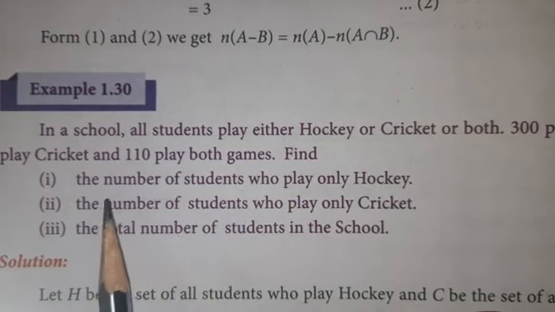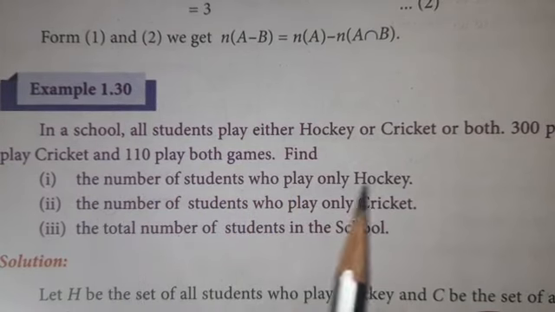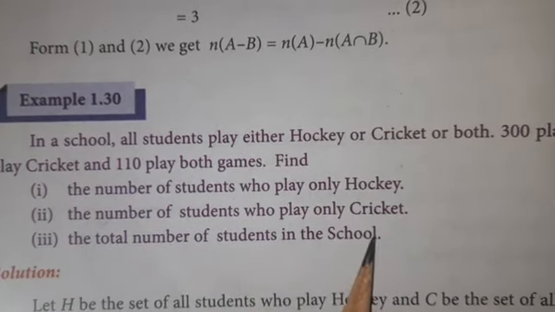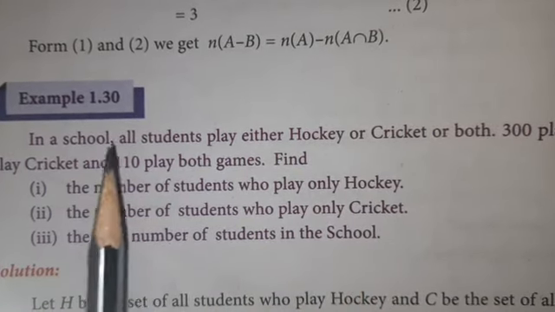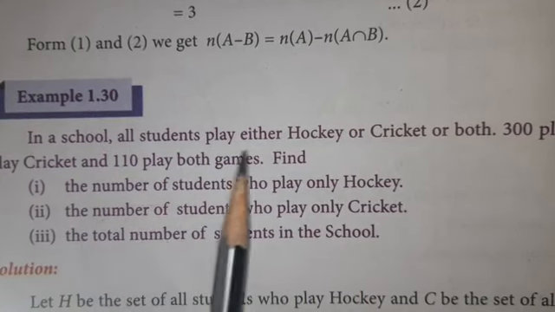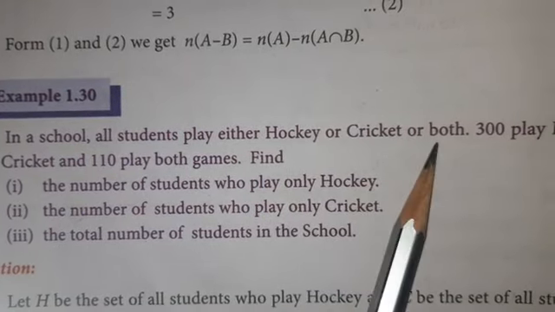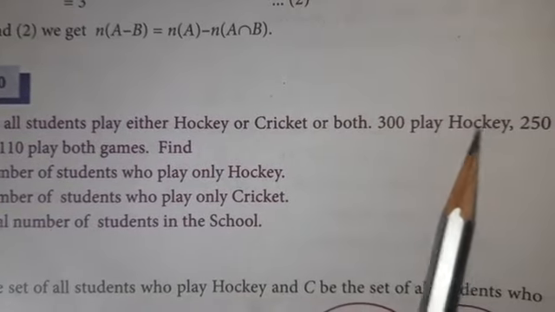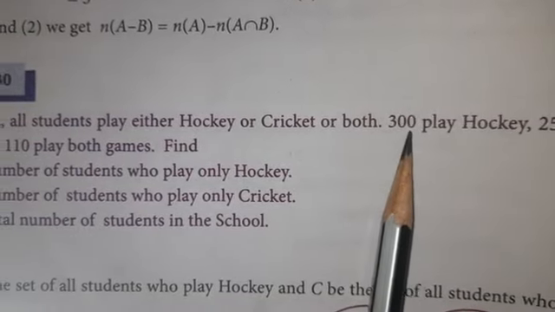The first question is the number of students who play only hockey. Second question, the number of students who play only cricket. Third question, the total number of students in the school. In the question, it is given that the students play either hockey or cricket or both. 300 play hockey, so the number of students who play hockey is 300.